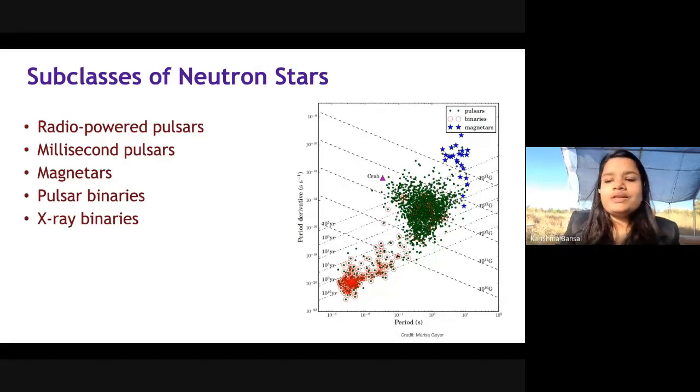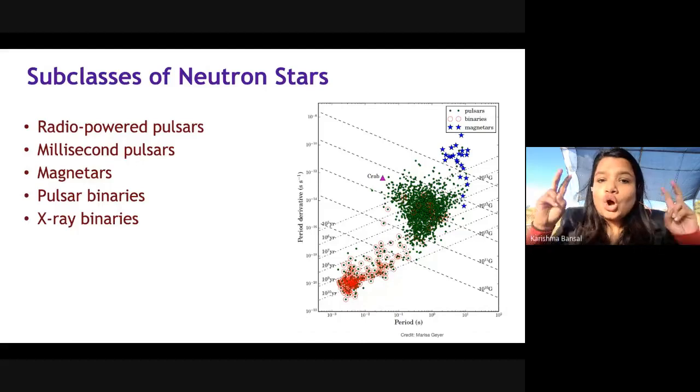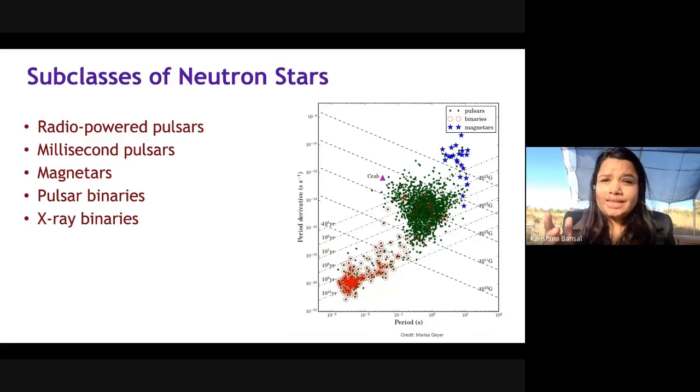Those are called normal pulsars, because they have a period range from tens or hundreds of milliseconds to a few seconds. These are basically isolated normal pulsars where the period decays over some time and the values are not very extreme.